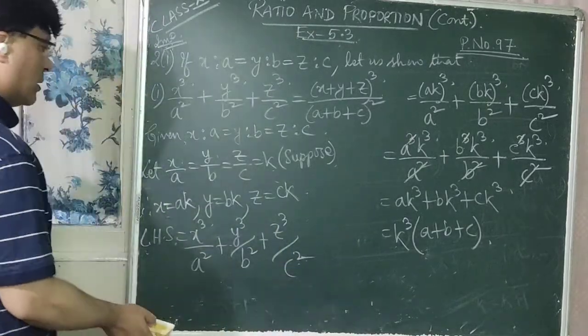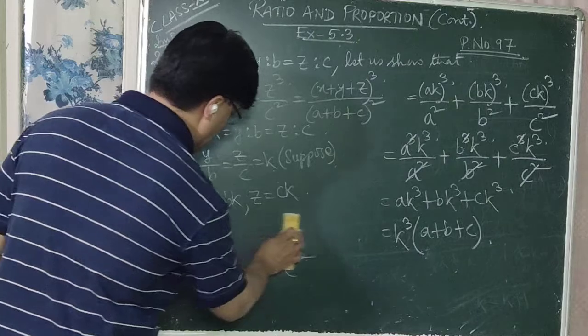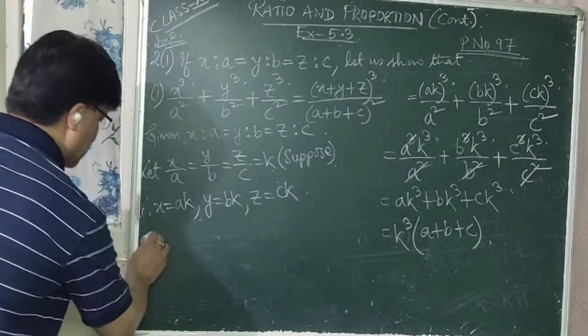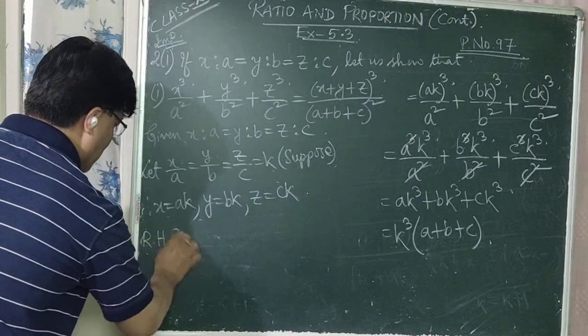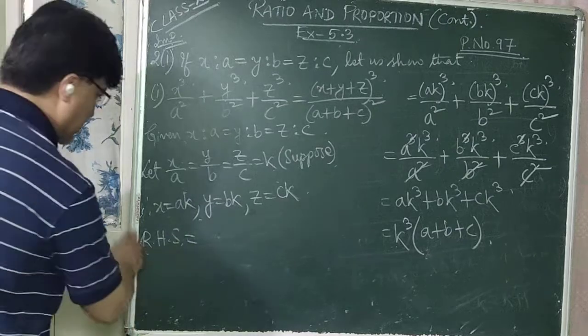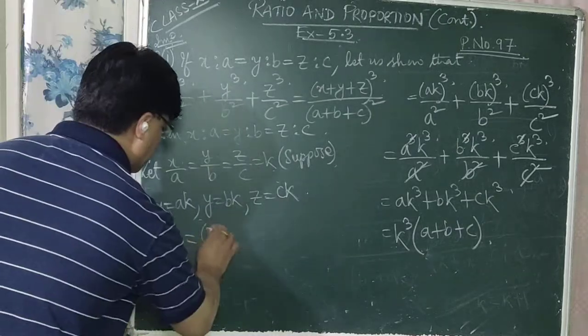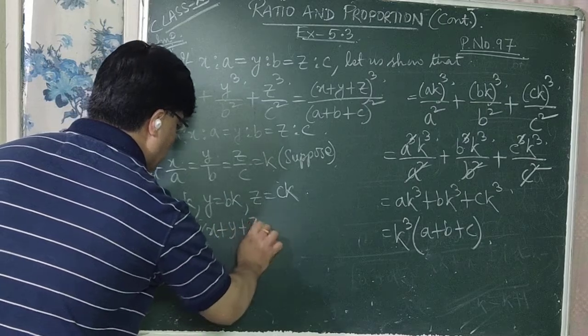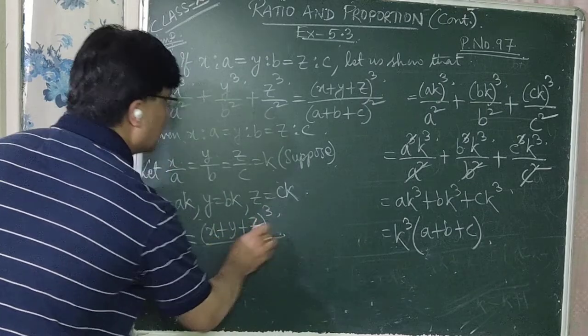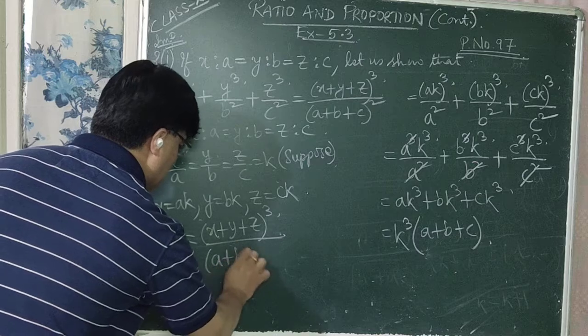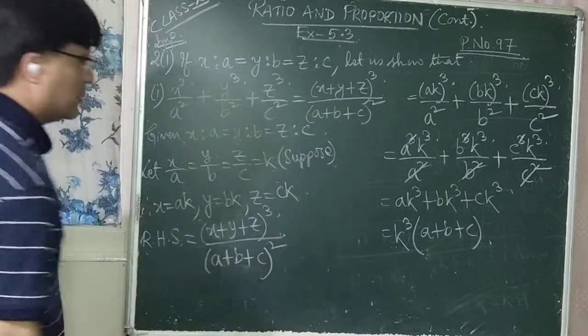Let us write down the right hand side now. So let us write RHS now. So here I am writing RHS, okay? So what is RHS here? (X plus Y plus Z) whole cube divided by (A plus B plus C) whole square.